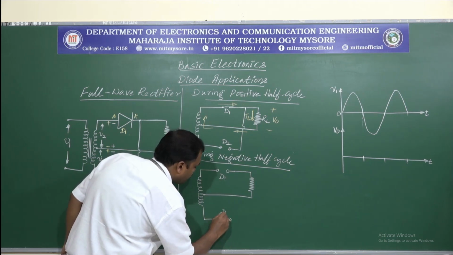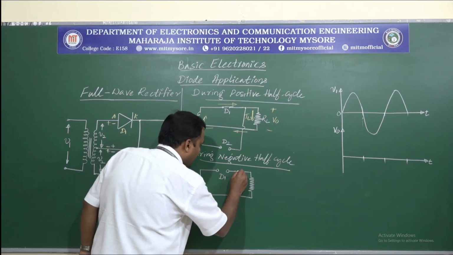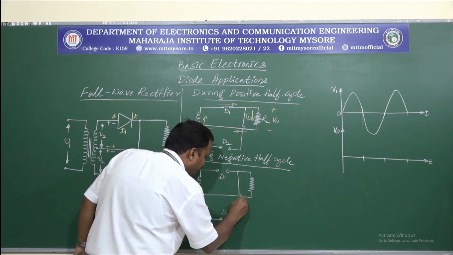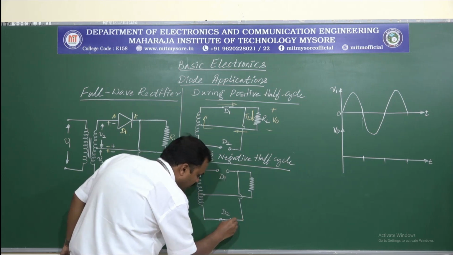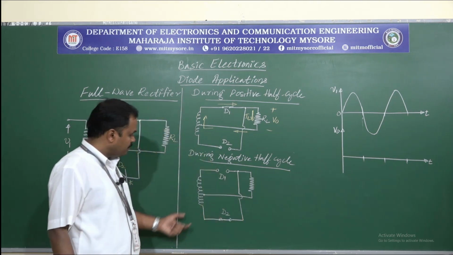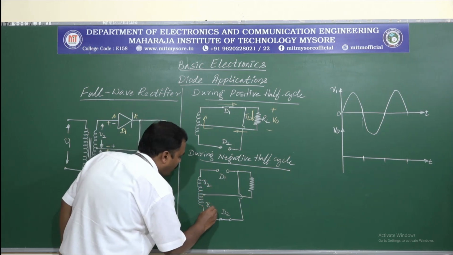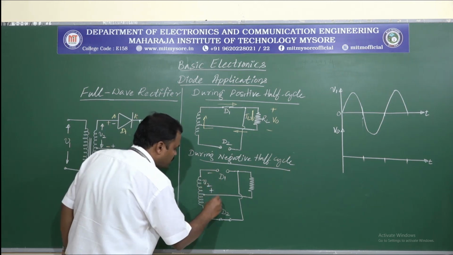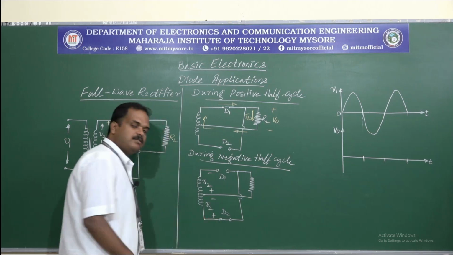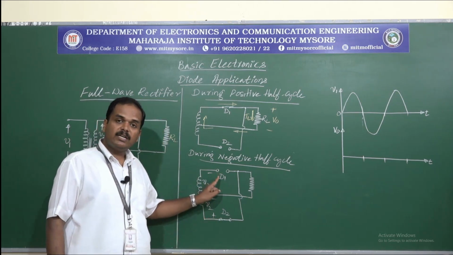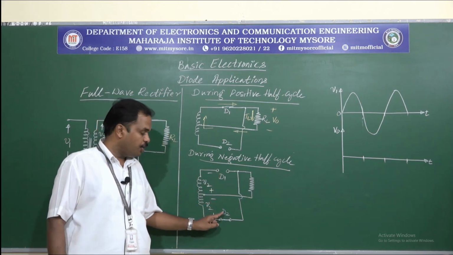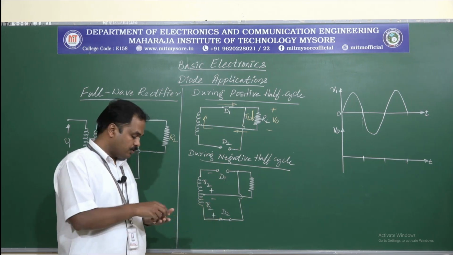So let us represent D2 like this, and here we have the connection like this. So this is the equivalent diagram for the negative half cycle. This is minus plus minus plus. So diode D1 is working as an open switch, diode D2 is working as a closed switch.